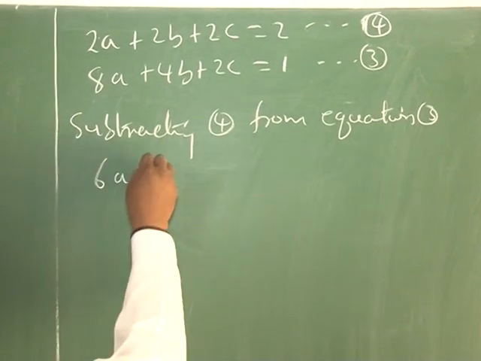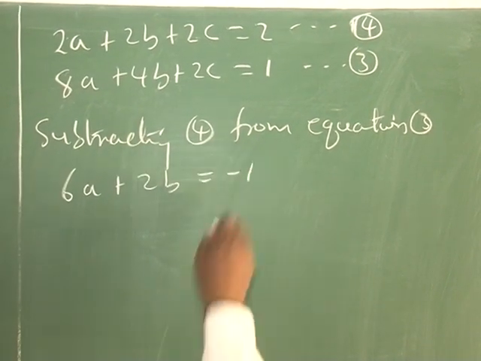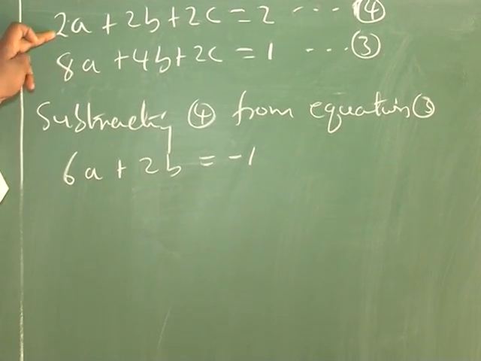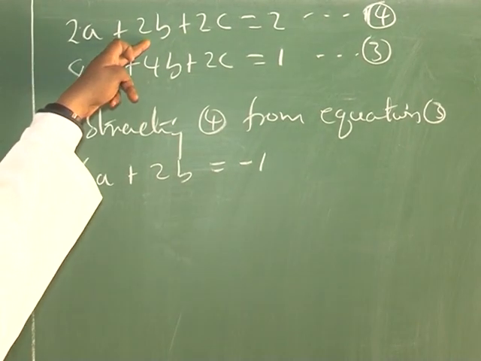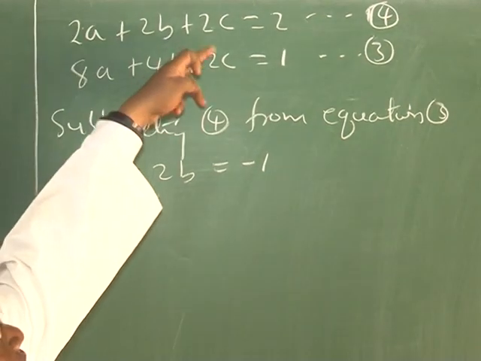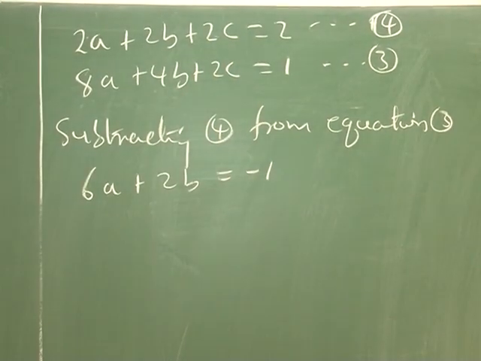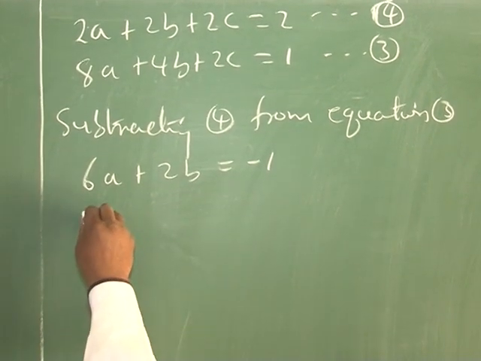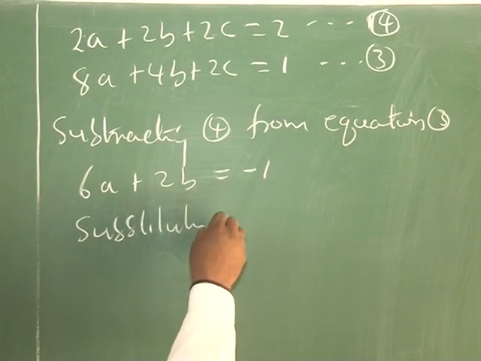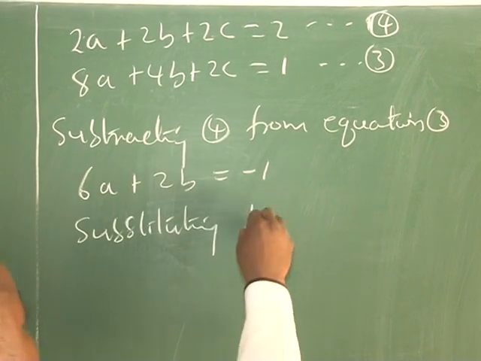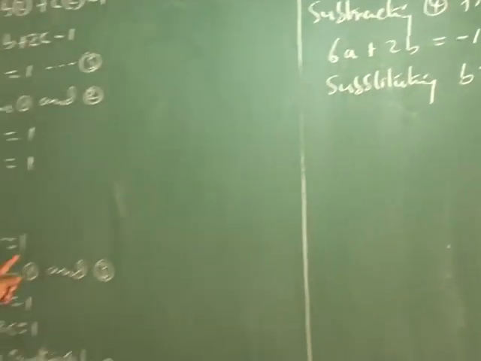We have 6a plus 2b equal minus 1. 8a minus 2a gives us 6a. 4b minus 2b gives us 2b. 2c minus 2c is 0. So 1 minus 2 is minus 1. Now, substituting b equal 1. You know, we had here that b is 1 from here.